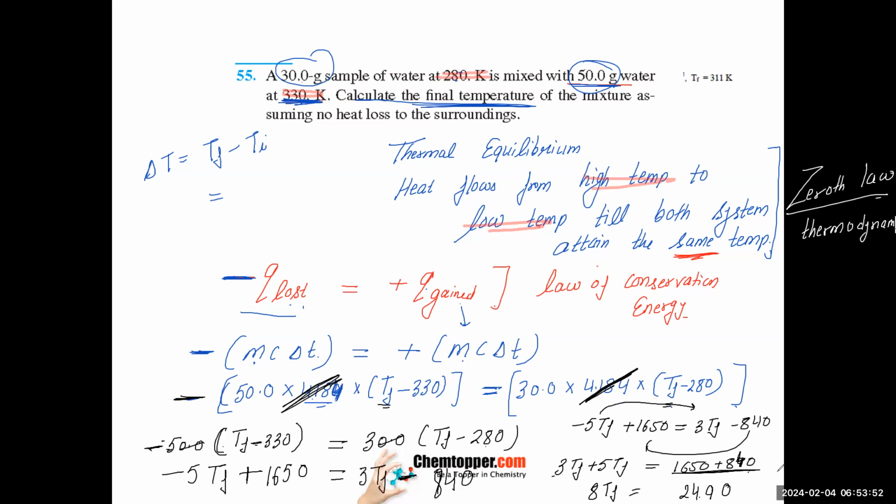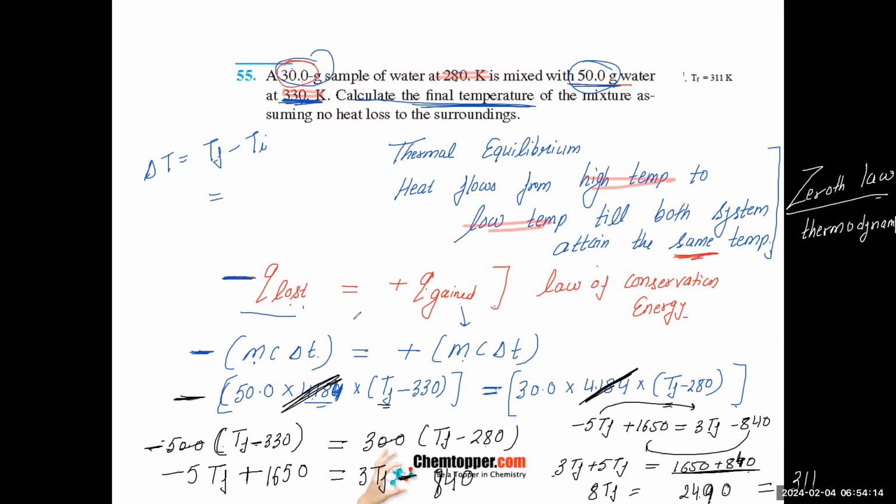And what is TF? 2490 divided by 8. Are you getting 311, children? 311. And the answer is to 3 significant figures. Why am I going to take 3 significant figures? You can check that these numbers have 3 sig figs.